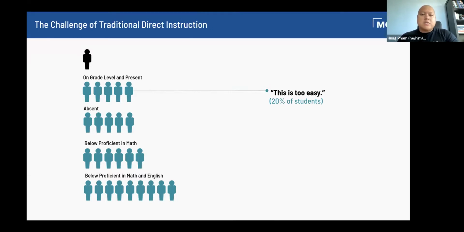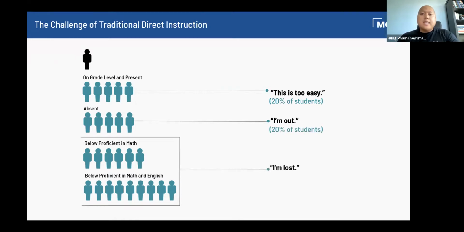So again, the challenge of traditional direct instruction: we often have a very diverse group of students in our classroom, right? There's a good chunk of them who are on grade level and consistently present. There's a good chunk who are usually absent, sometimes chronically absent, again, for often legitimate and heartbreaking reasons.